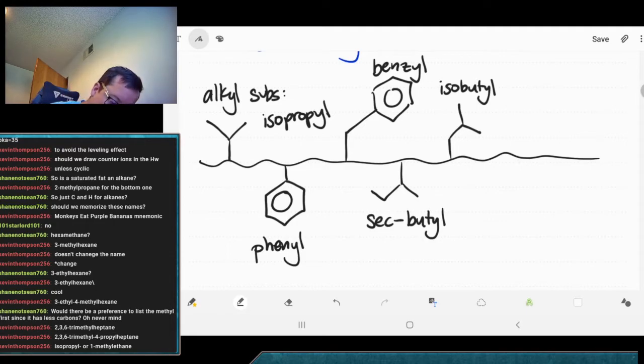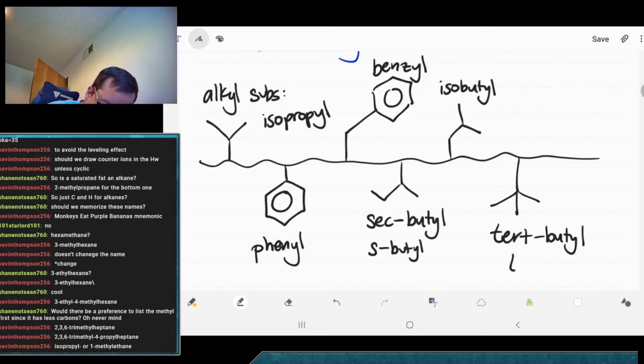Yes. Tert-butyl. Sometimes this is written S-butyl and T-butyl. So these are common alkyl substituents that are not just plain old straight chains.